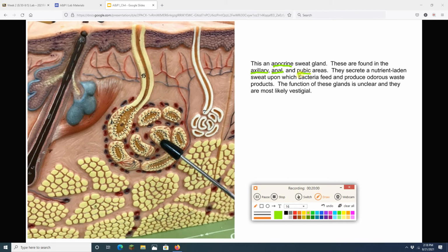These guys are going to secrete a thicker sweat that is richer in nutrients. And those nutrients are a smorgasbord, a buffet for bacteria. Bacteria metabolize those nutrients and produce waste products, and those waste products can carry odors.